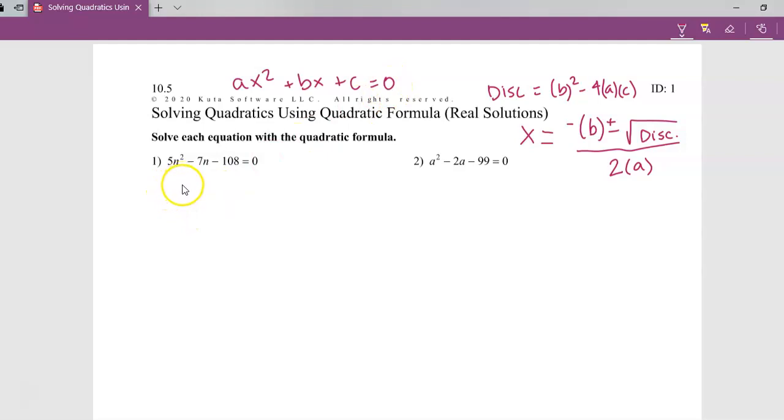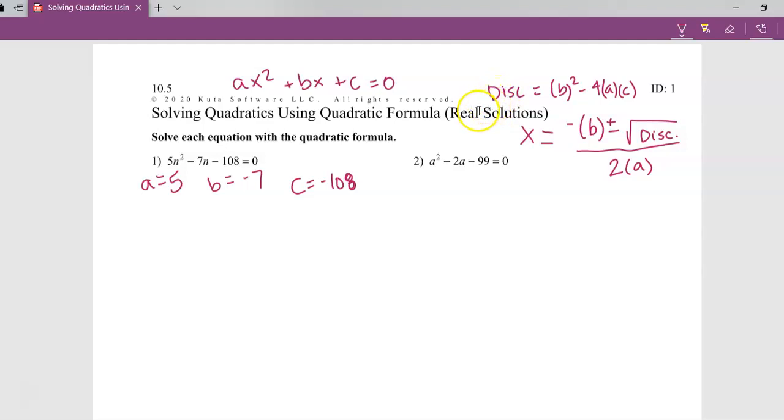So on number 1, a is equal to 5, b is equal to negative 7, and c is equal to negative 108. Now the quadratic formula is a formula that we can use to solve any quadratic. Even if it's not factorable, even if we can't solve it using the square root method.